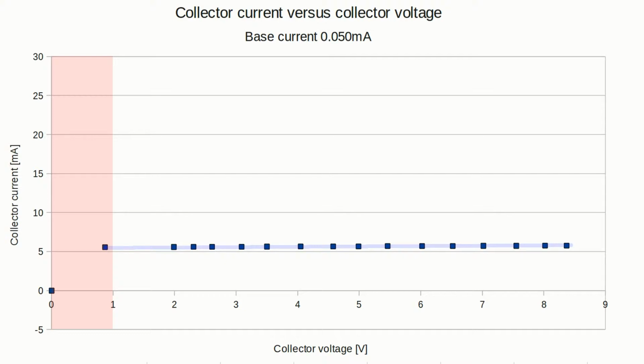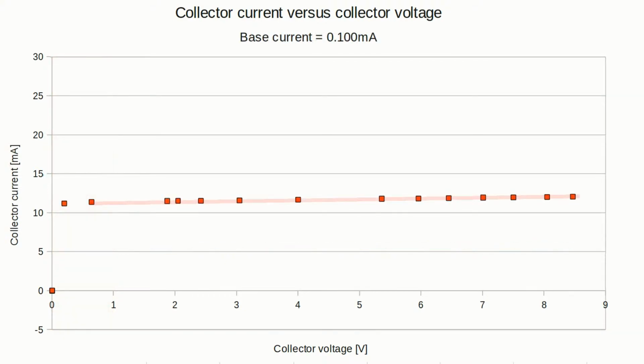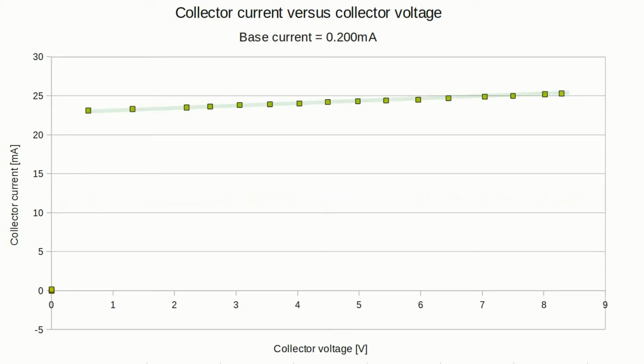The higher the base current, the higher the collector current becomes, meaning the resistance is decreasing with increasing base current. In contrast, the resistance of the emitter collector line is increasing with increasing collector voltage.